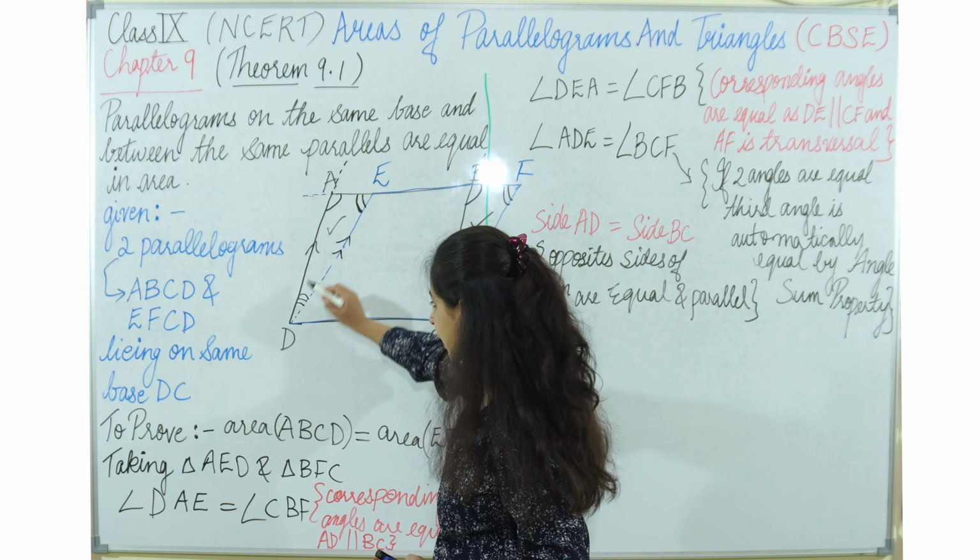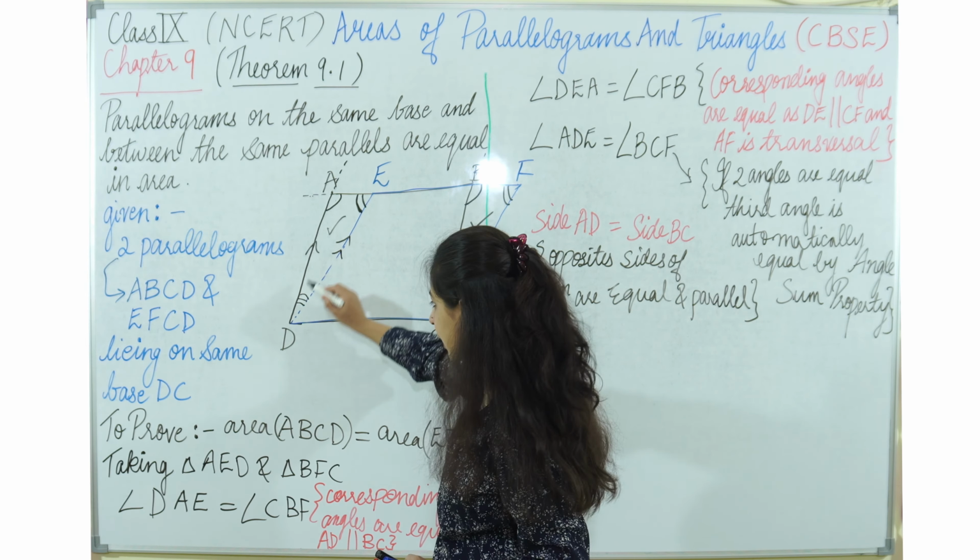So area AED can be replaced by BFC. If I give the equations over here, let us take this to be equation number 1, then this to be equation number 2, this to be equation number 3, then this to be equation number 4.